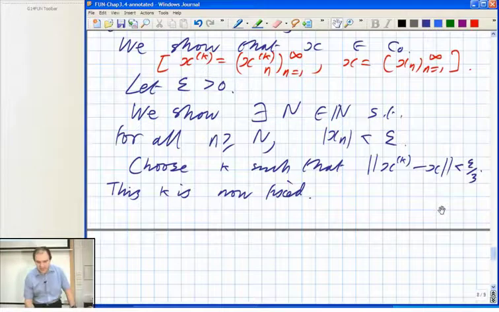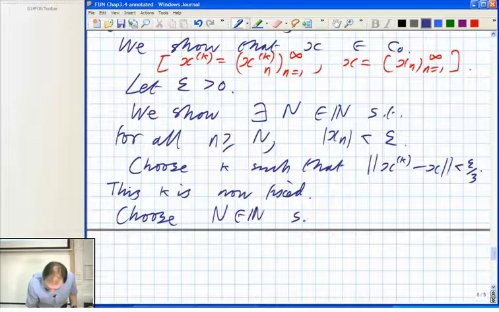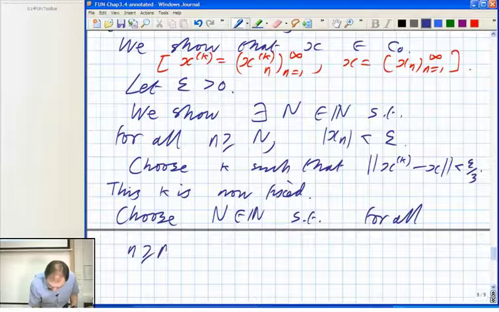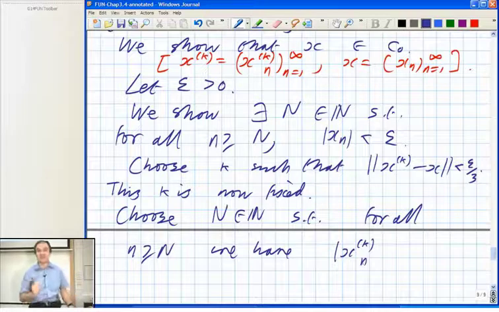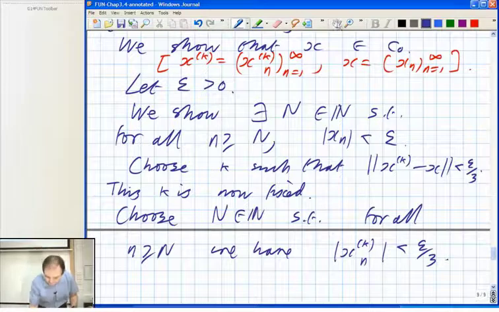And you choose capital N so that for all n greater or equal to N, we have modulus of x_n^k, this particular fixed k, is less than epsilon over 3. And this capital N we claim is good enough.